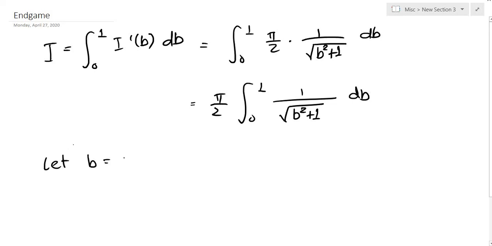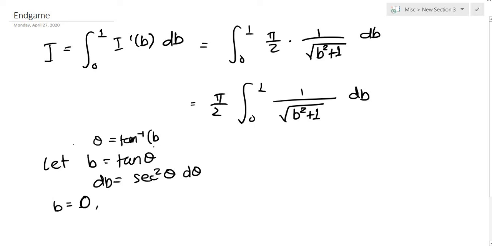Let b equal the tangent of theta, so that db will equal secant squared theta d theta. When b is 0, tan inverse of b, because now we are finding a theta, is also going to be 0, so theta is also 0.